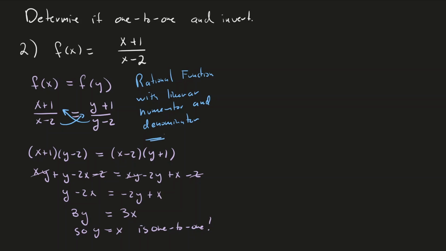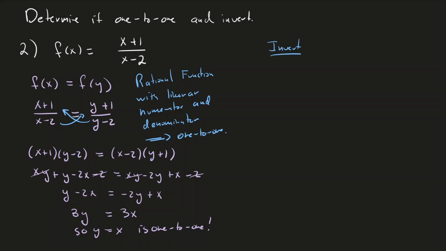That implies that this thing is 1-to-1. All right. So things of this form, (x plus 1) divided by (x minus 2), these things are always 1-to-1. So you don't necessarily need to go through this entire process, but it's good to at least see it. So you can just say, hey, this thing is 1-to-1. Now if I made that like an x squared on top, then no. Now we can invert it.